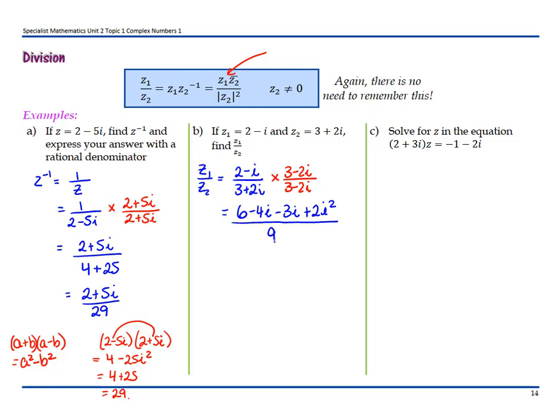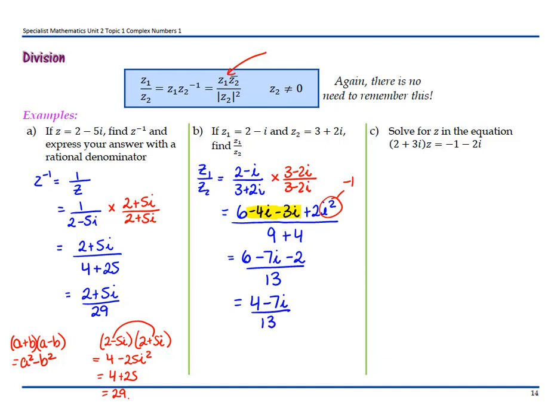So 3 squared is 9 plus 2 squared is 4. So that becomes, bringing our like terms together, we've got 6 minus 7i. If you practiced your powers of i already, you could probably do this in one step, but remembering that i squared is negative 1, so I've got minus 2, all over 9 plus 4 is 13, so that's 6 take 2 is 4 minus 7i all over 13.